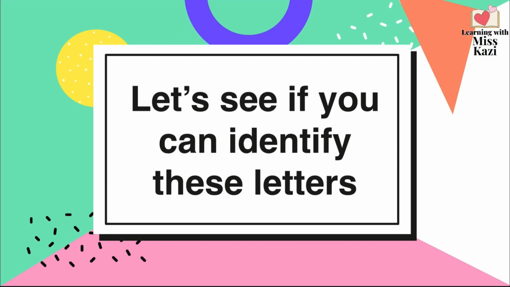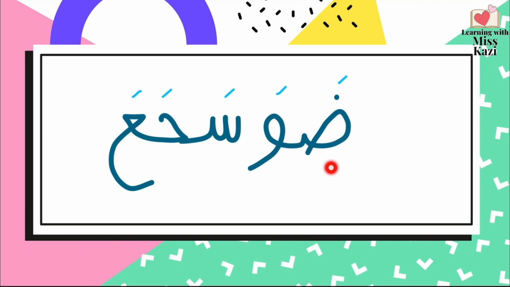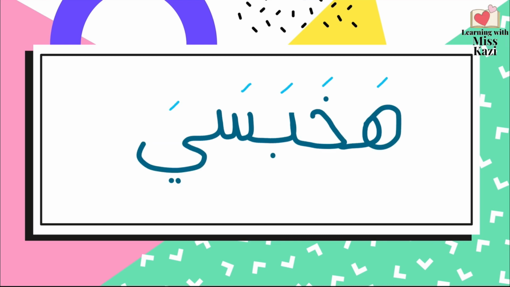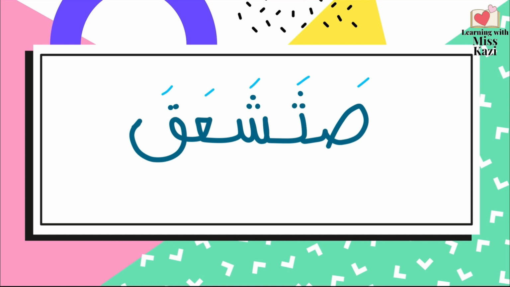Let's see if you can identify these letters. ض و س ح ع. Good. Next one. ه ق ب س ي. Excellent. ض Ba.